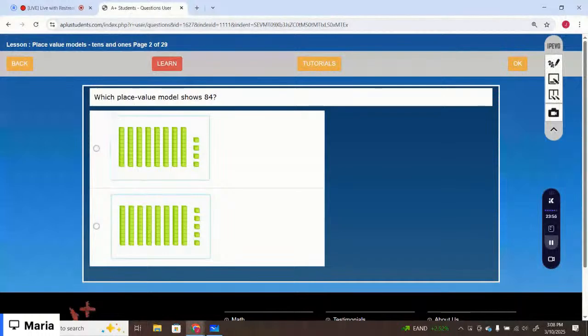Which place value model shows 84? So which is the correct option, first or second one?